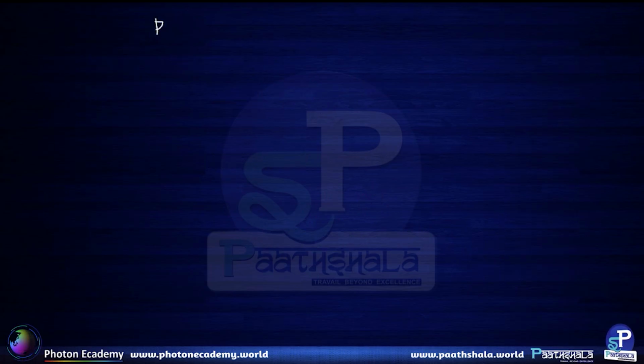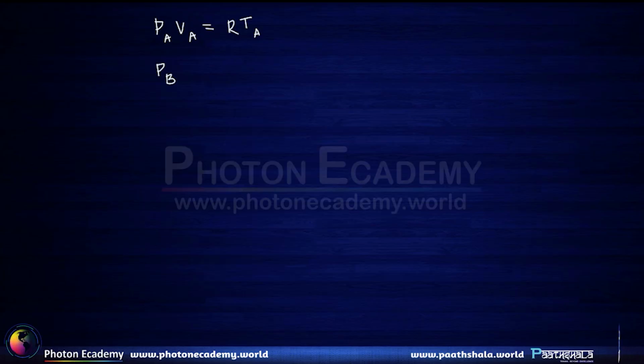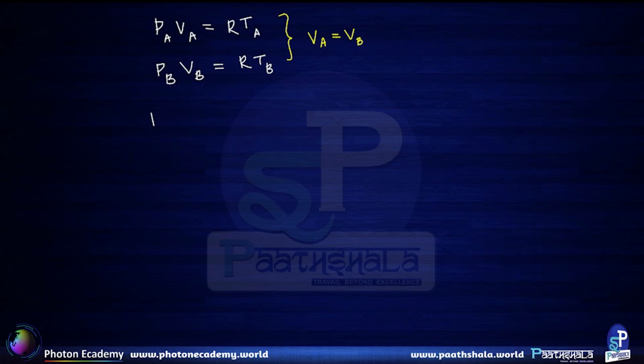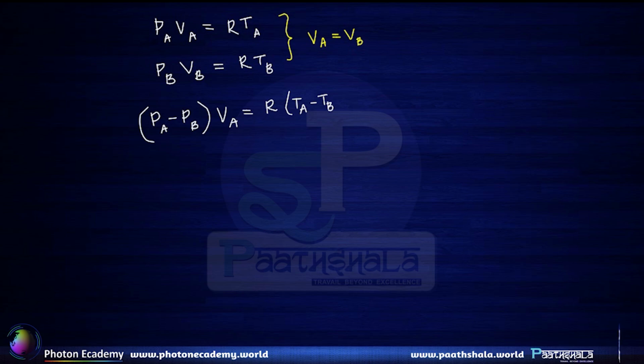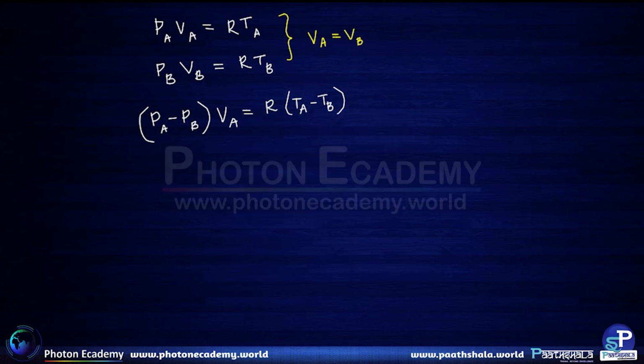PaVa is equal to RTa and PbVb is equal to RTb. Also in this process, Va is equal to Vb. So subtracting these two equations, we get Pa minus Pb into Va is equal to R into Ta minus Tb. Let's substitute the value of R into Ta minus Tb back into the equation of efficiency of the cycle.